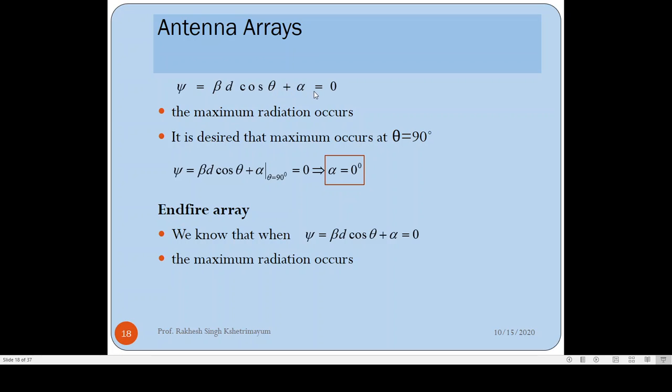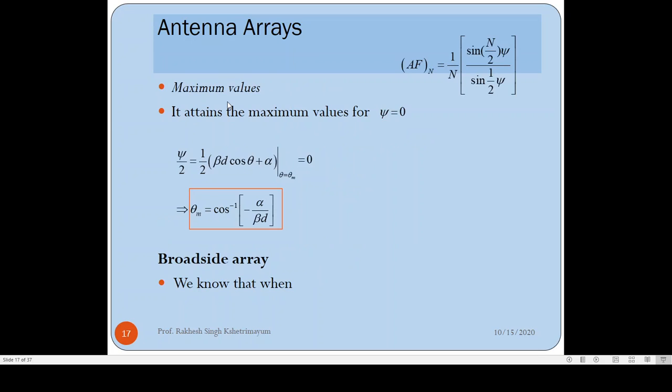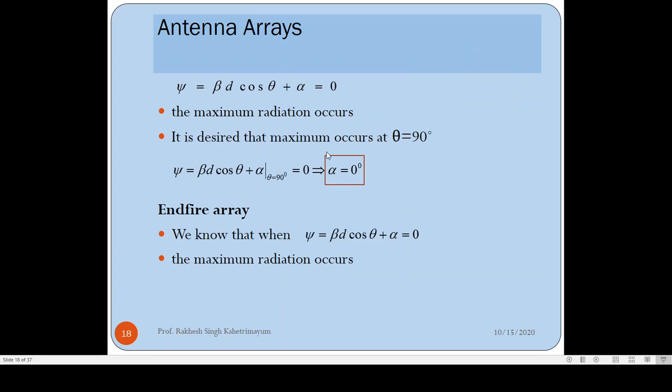How can I do that? When I want maximum radiation at theta equal to pi by 2, psi is equal to 0 gives the maximum radiation pattern. So theta becomes pi by 2. What should I do? Alpha should be equal to 0.